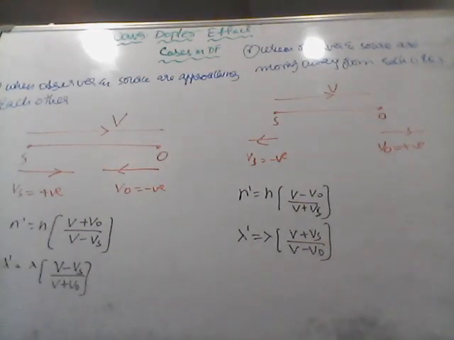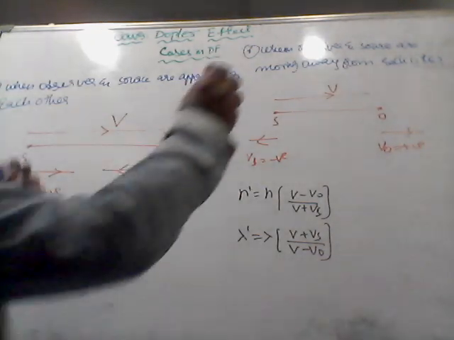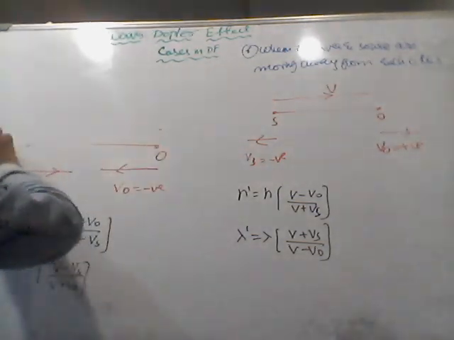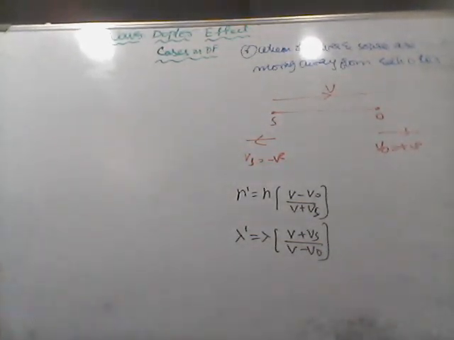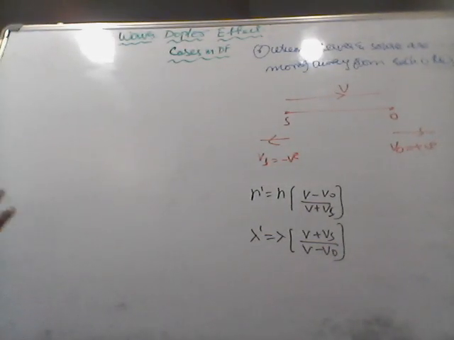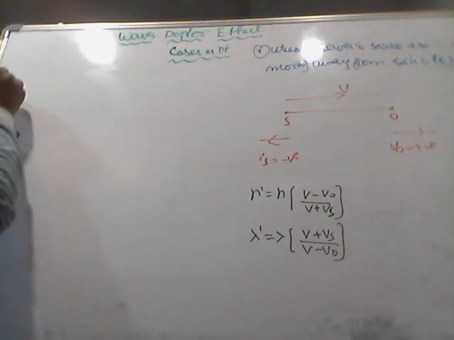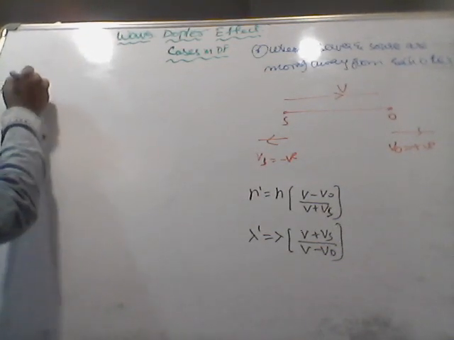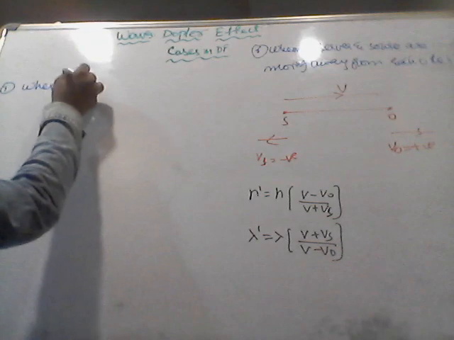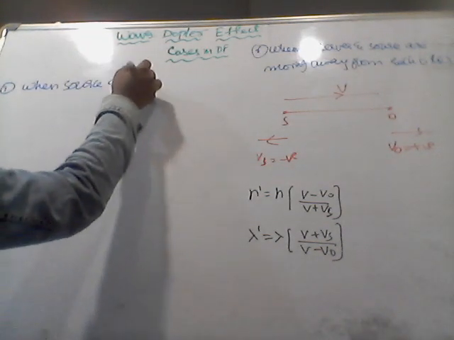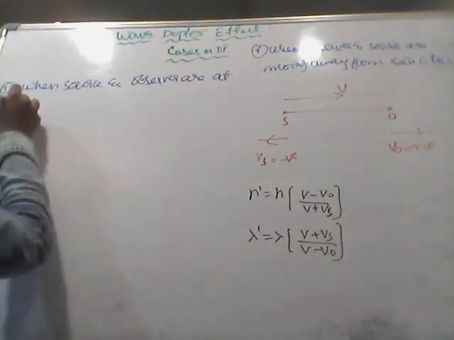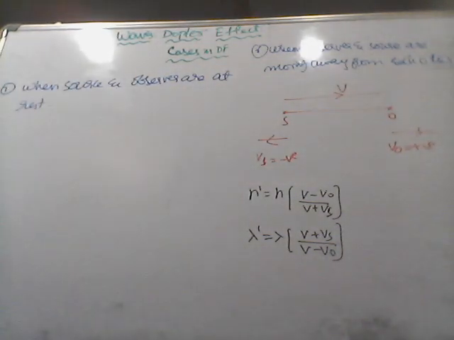Fine. So now next let us discuss two cases which are special. Okay. Now you will only say me why are these called special. Okay, let me write down the case number 7. When source and observer are at rest.